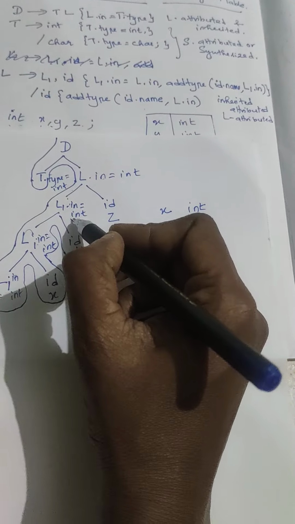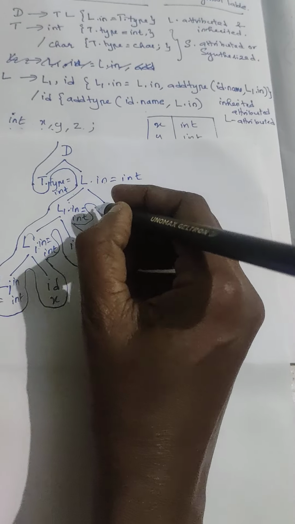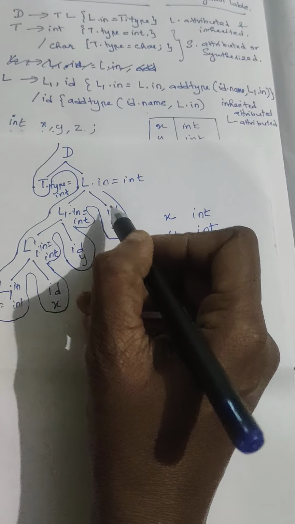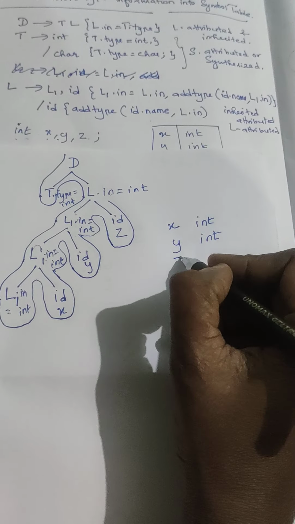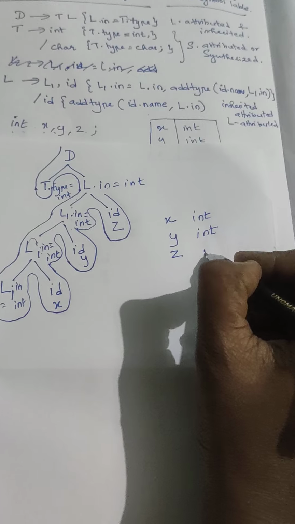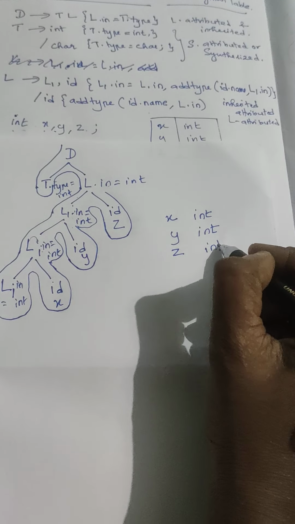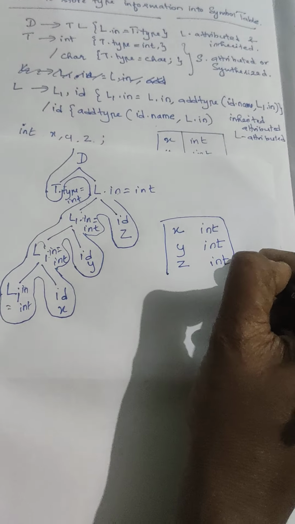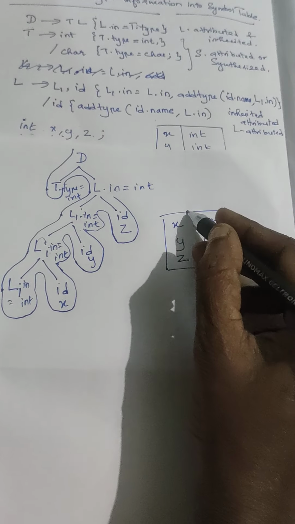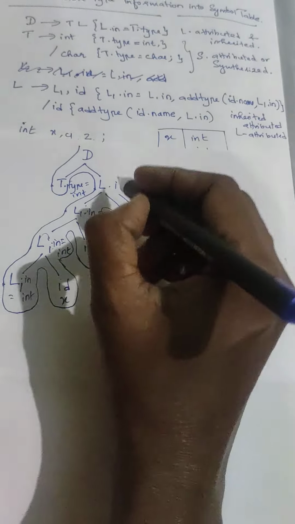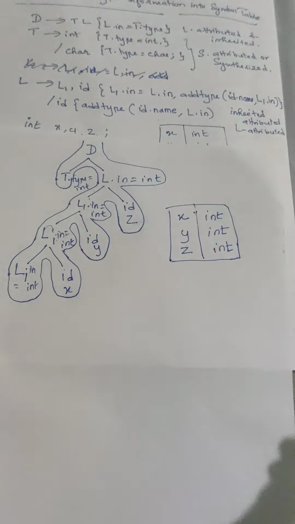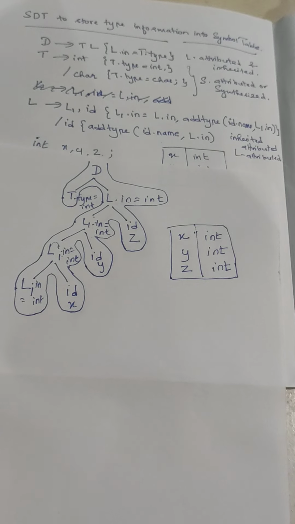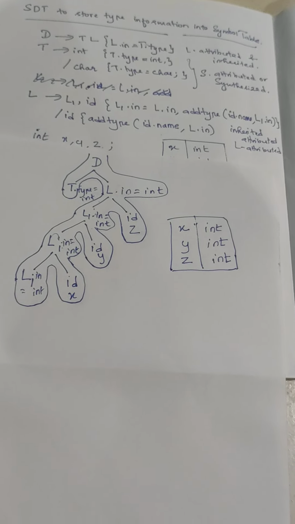And similarly at the last we are coming to this z, which is also L comma ID reduced to L. You perform the similar action: add type ID dot name, L1 dot in. That is how the symbol table is generated. Okay, thank you students.